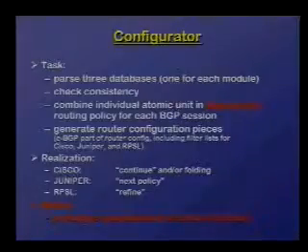And so what is the task of this configurator? It takes all of these three databases, checks for consistency, combines the various different atomic units into the appropriate routing policy for every single BGP session, and then generates the configlet parts that can now be uploaded to the various different routers to configure them.